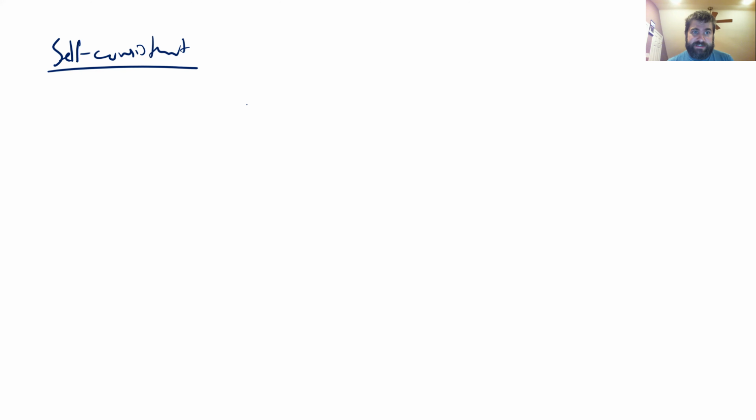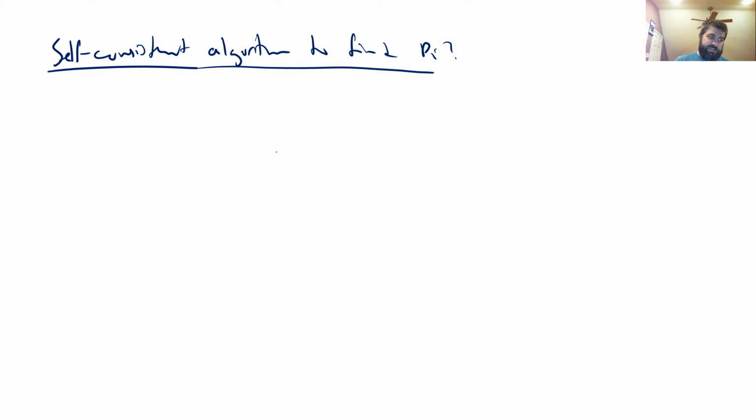So what's the self-consistent algorithm to find P_Si? Right. Let's just outline this step by step. The first thing that we do is that we set an initial guess.